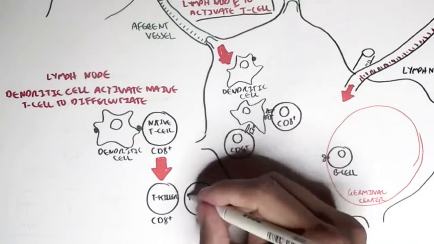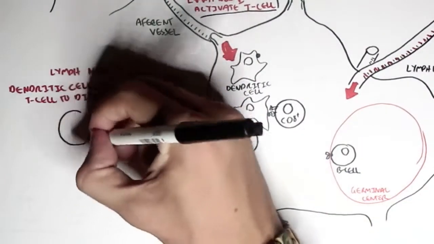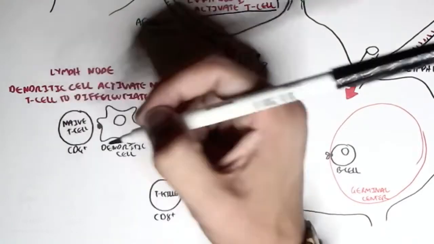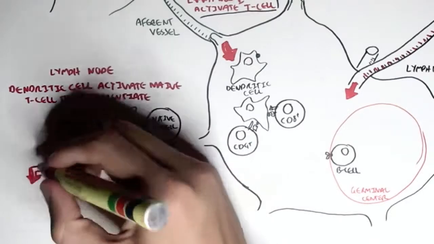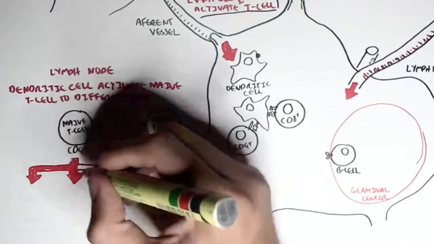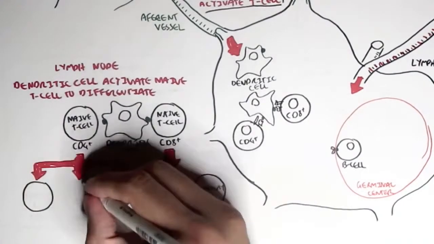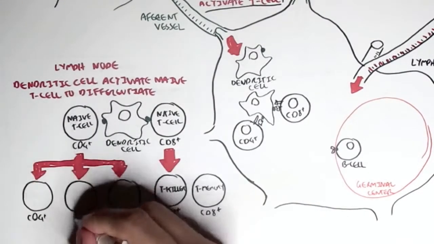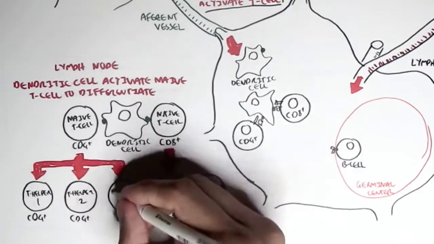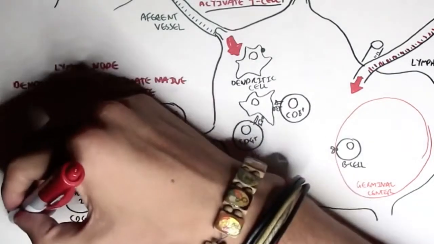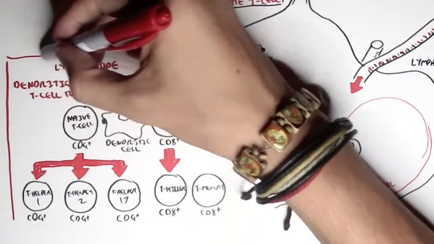The dendritic cell can also present the antigen to a naive CD4 T cell, which will activate it. And then this naive CD4 T cell, when activated, can differentiate, of course, first of all, into different types of T helper cells, specifically T helper 1, T helper 2, and T helper 17. And as you can see, the CD4 T cell, when it's activated, will become a T helper cell mainly.